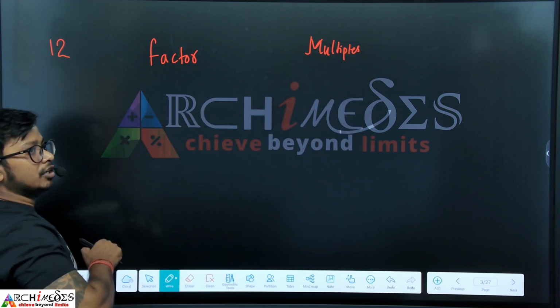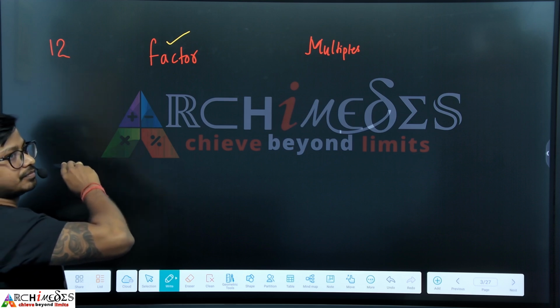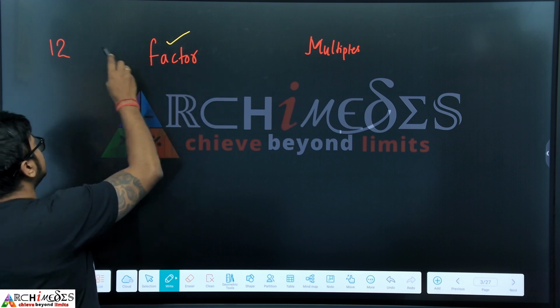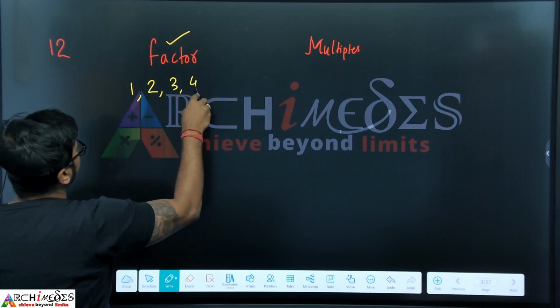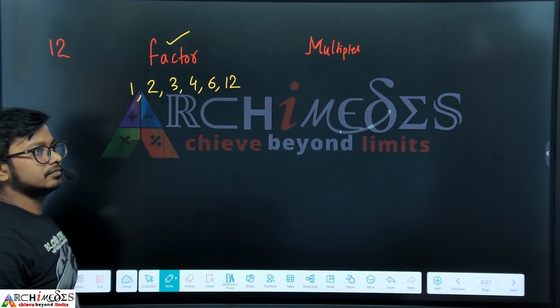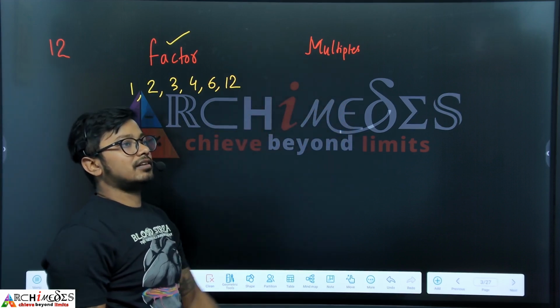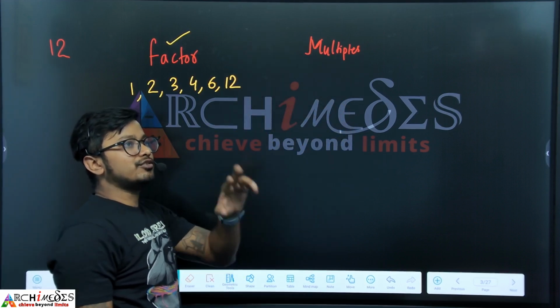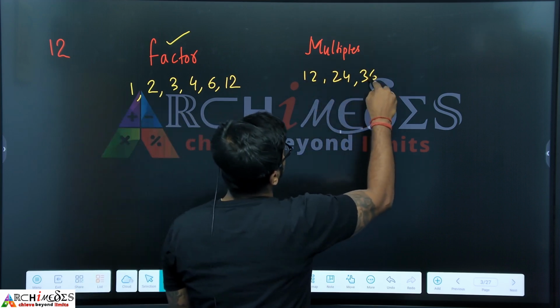Factor means a number which divides this number. The factors of 12 are 1, 2, 3, 4, 6 and 12 itself. Multiples start from its table: 12 times 1 is 12, 12 times 2 is 24. So 12, 24, 36, and it goes on.